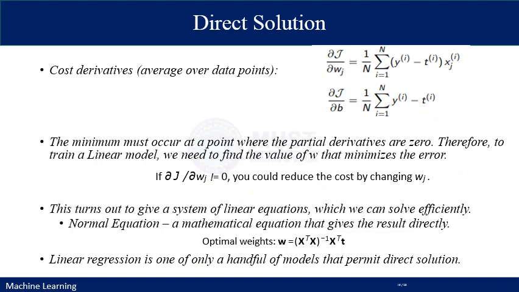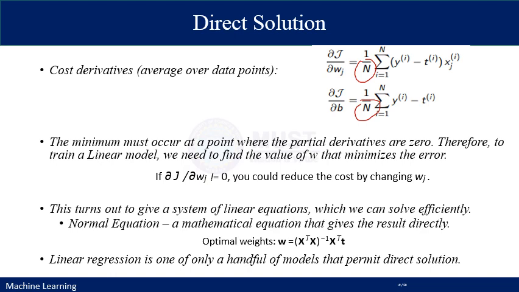Similarly to the loss function, you can use the partial derivative to obtain the cost function, and the only difference here is that you have to divide by the number of examples. Once you find the minimum, it should occur at a point where the partial derivatives are zero.